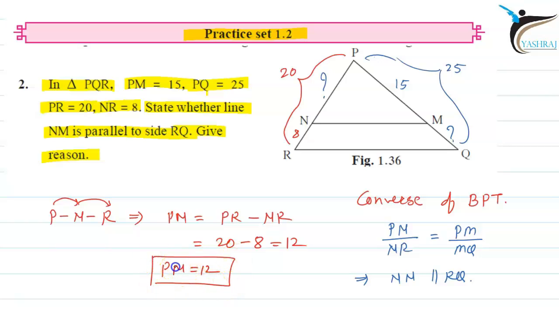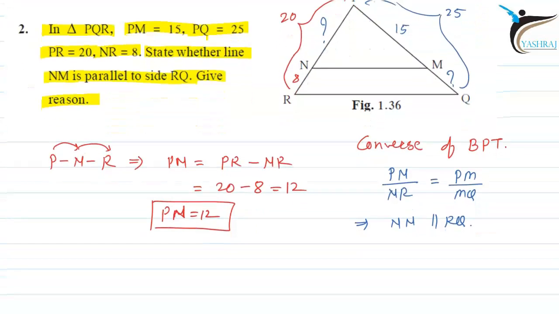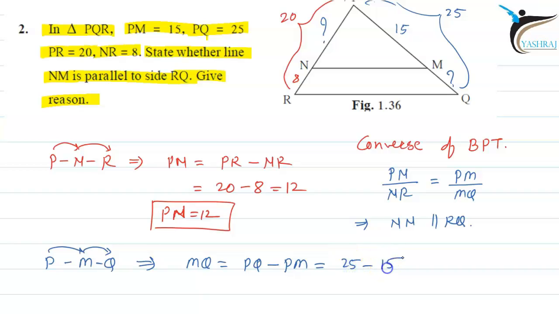Now try to evaluate the value of MQ. How do we find the value of MQ? Look, the points P, M and Q are collinear, in the sequence P, then M, then Q. So we can write MQ equals overall PQ minus PM. We have the PQ value as 25 and the PM value as 15.